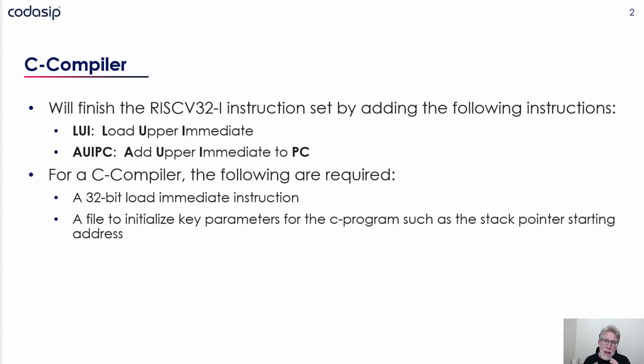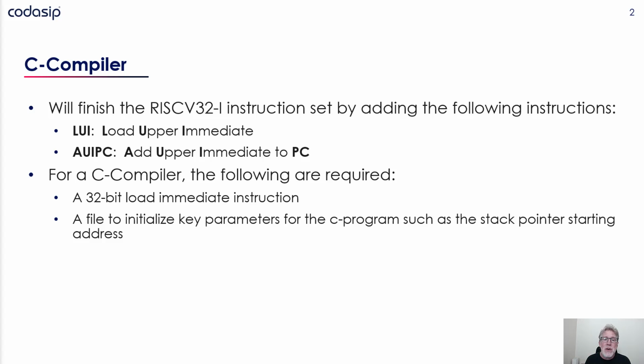After you've completed your instruction set, there are two additional things you need to accomplish or understand before you can actually generate the C compiler. The C compiler requires a 32-bit load immediate instruction to initialize your stack pointer and other system variables.